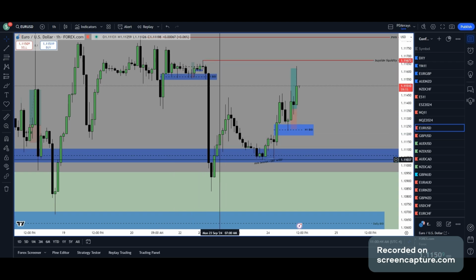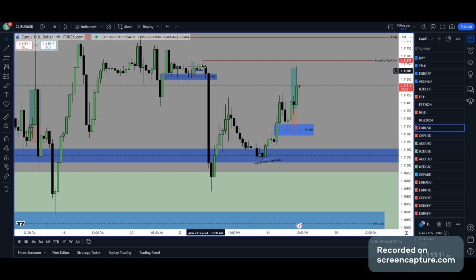If I'm keying off a daily level, which is right here, I like to see an hourly market structure shift. For the types of market structure shifts I like to see, whichever high created the low, I like to see that high be displaced. However, in this price action it was a little different.